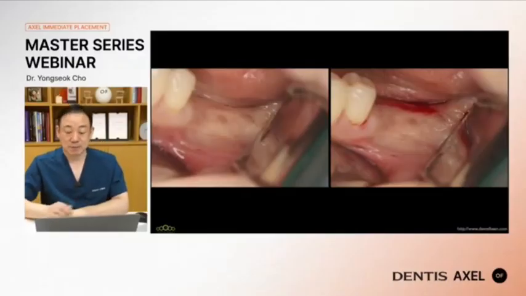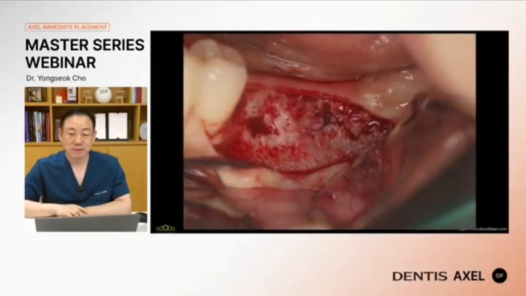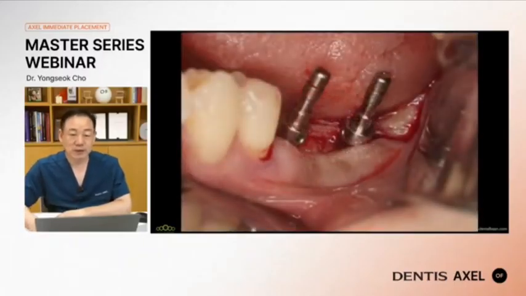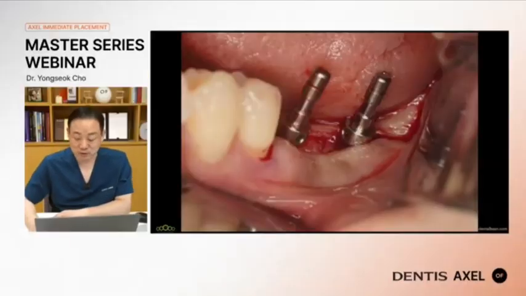Here, open the flap. It's an angular flap, and then I found buccal bone resorption. Mark the entry point exactly at the center of the restorative crown.